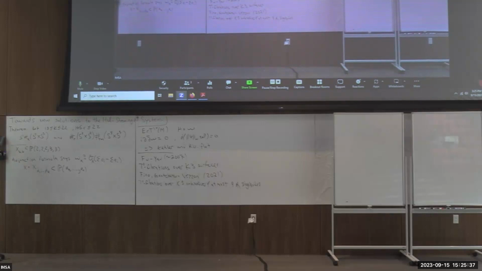And well, the surface that I'm going to work on is X_30 contained in P(5,6,8,11).